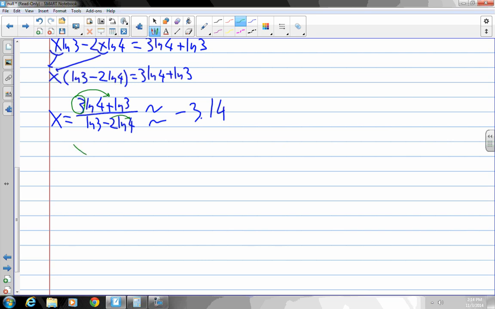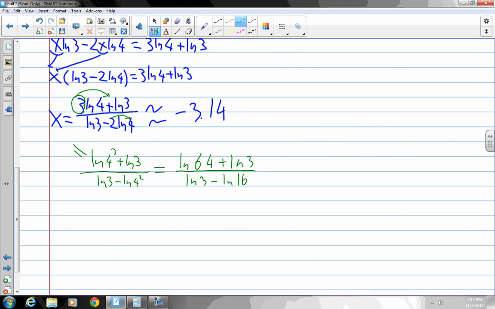So if I do that, I actually have natural log of 4 cubed plus natural log of 3 over natural log of 3 minus natural log of 4 squared, right? And what is 4 cubed? 64, right? 64 plus ln of 3 over ln of 3 minus ln of 16.